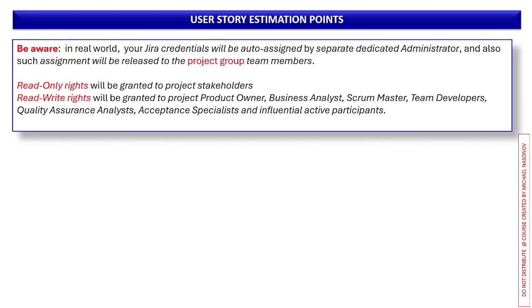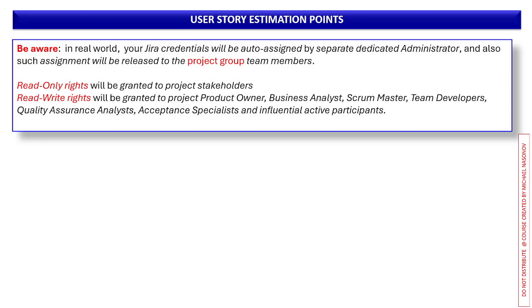Now, an important point about user story estimation points. First of all, be aware that in the real world, your Jira credentials will be assigned by a separate, dedicated administrator in your organization, who will assign you to a project group consisting of team members. For example, I used to participate in such huge-scale projects that we had many different group pods on the same project.